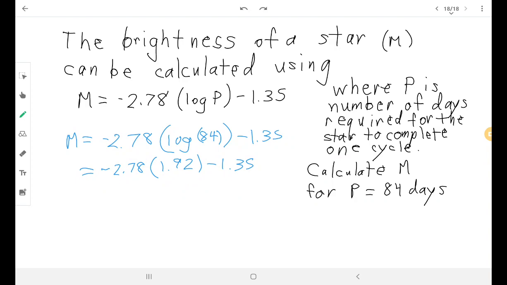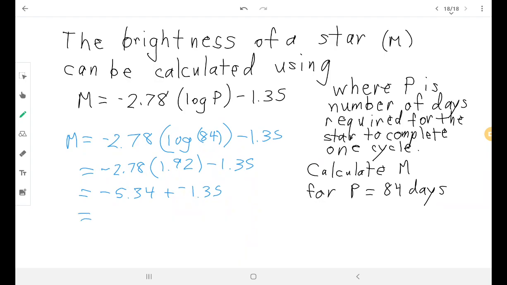So positive times negative is negative, and then 2.78 times 1.92 is 5.34 when I round it to 2 decimal places, plus negative 1.35.